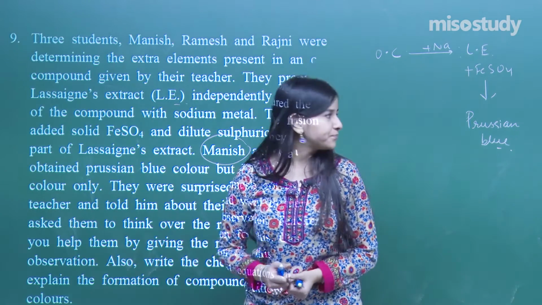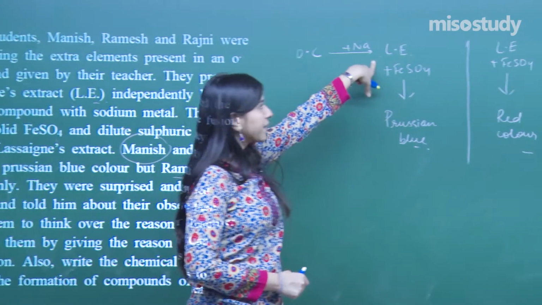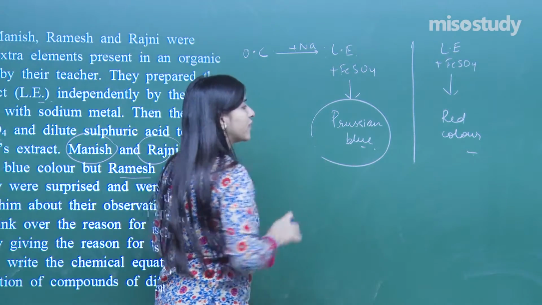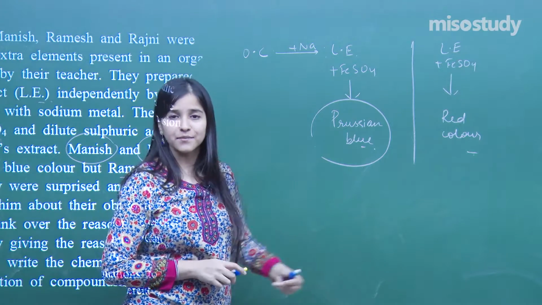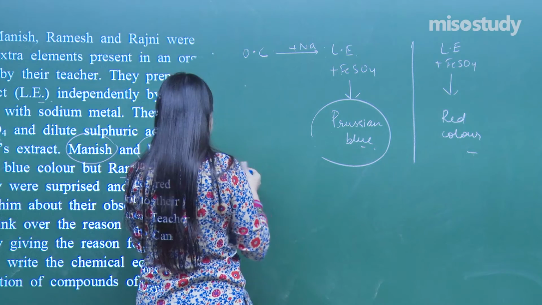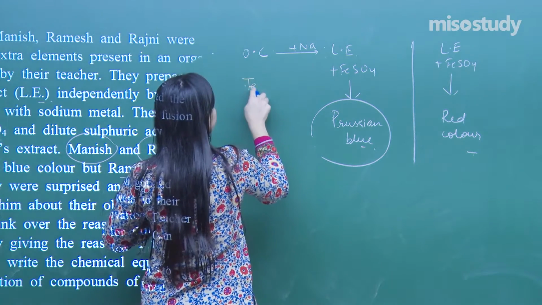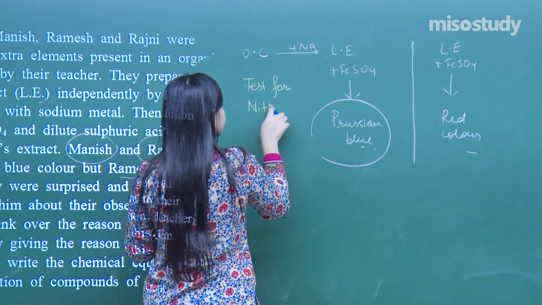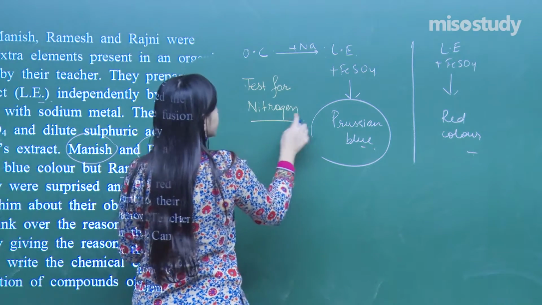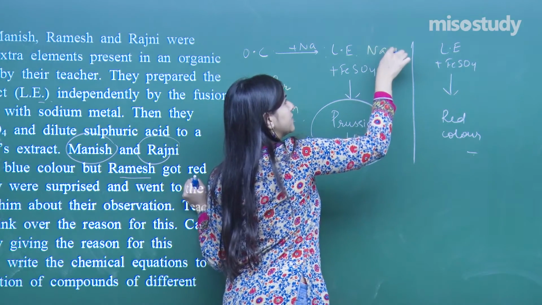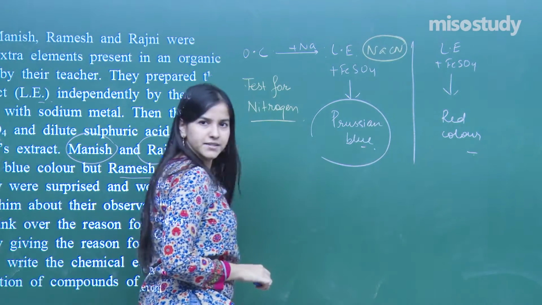So what is it? See here, they have prepared the Lassaigne's extract, right? How are they obtaining the Prussian blue? First of all, what test is this? Tell me. This is the test for nitrogen, in which the extract definitely has NaCN, right?